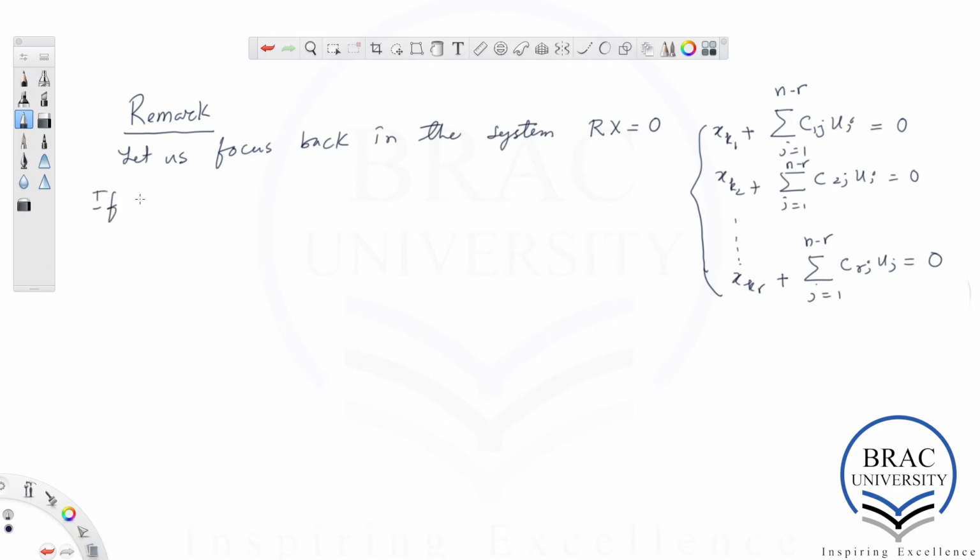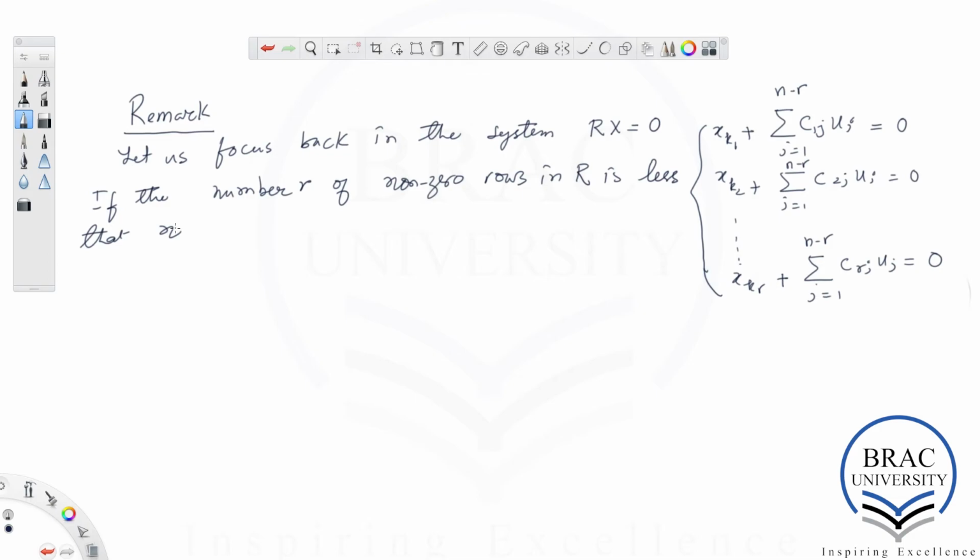So if the number r of non-zero rows in R is less than n, okay, n is the total number of unknowns of the system, which means that there are free variables, right?